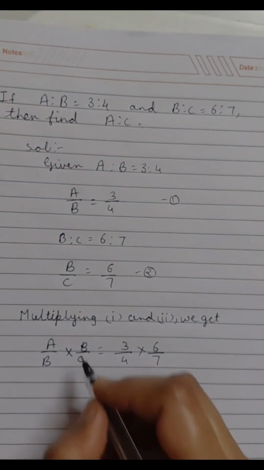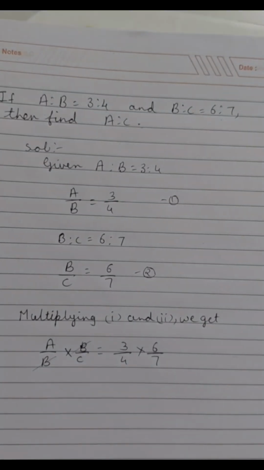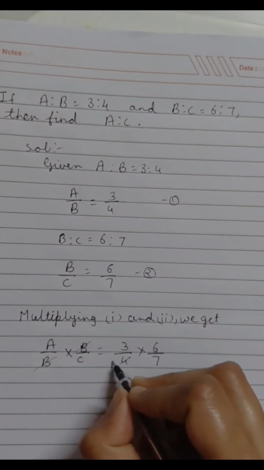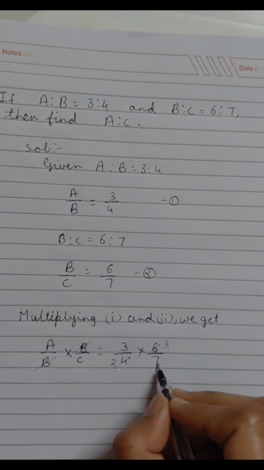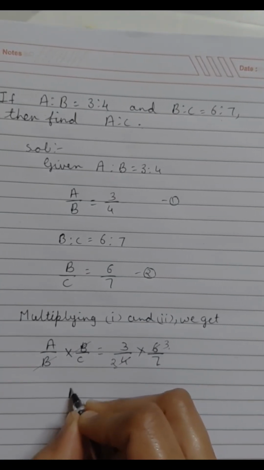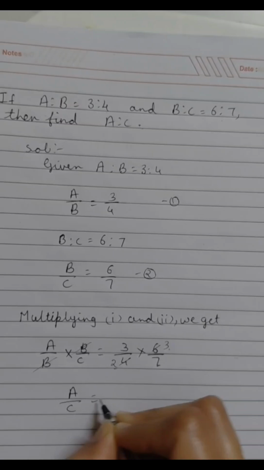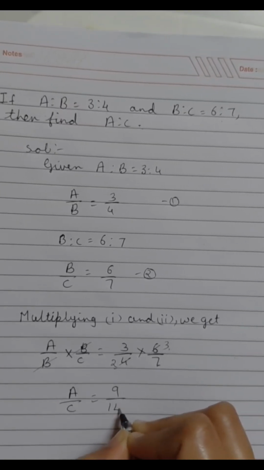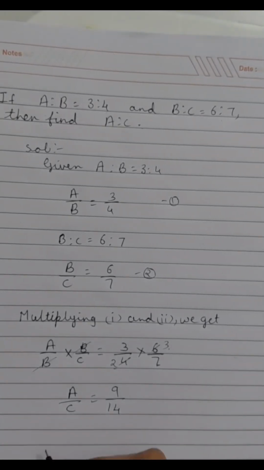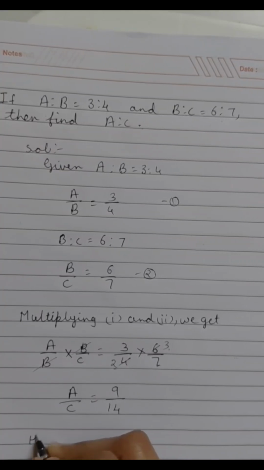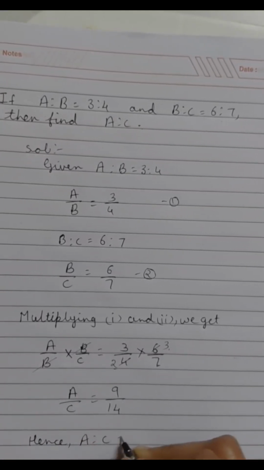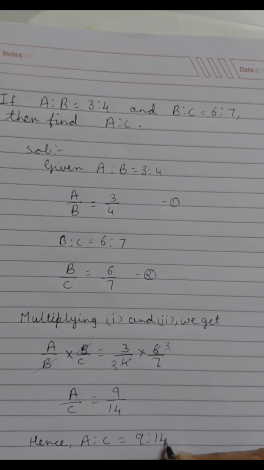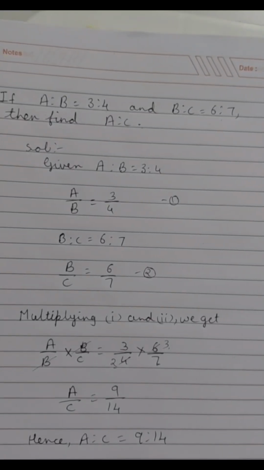Here we can see that in the numerator and denominator both places B is there, so we'll cancel. 2 twos are 4, 2 threes are 6. 3 and 7 is not possible, and division by 2 is also not possible. So A upon C will be 3 threes are 9 and 7 twos are 14, so 9 by 14. Hence the required ratio of A is to C equals 9 by 14, and with this the solution for this question is done.